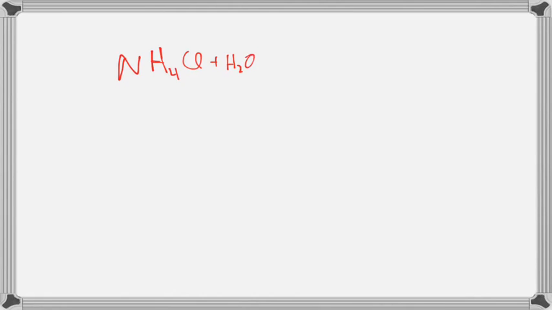What's the first thing that we do? Dissociate into the ions. What are our ions? NH4 plus, because we've got that complex ion situation. We've got to go into our ions first. Chloride. Now we want to see how each of those ions reacts with water.